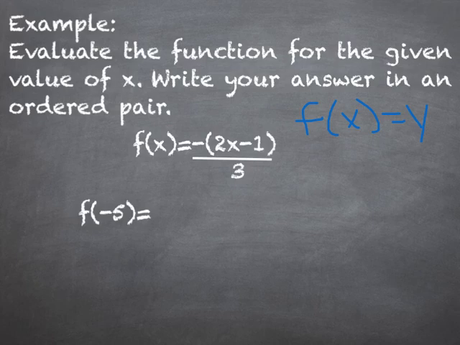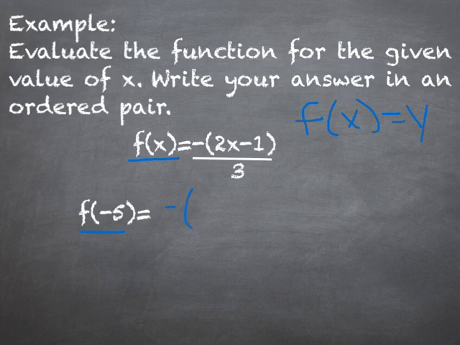Whenever they write f of x, it means that x is going to be our variable. When they change x to be a number, that means they want you to plug that number in for x. Where we get confused is that we're going to keep f of -5 on the left side. We're not going to solve for f; we're going to solve for f of -5.